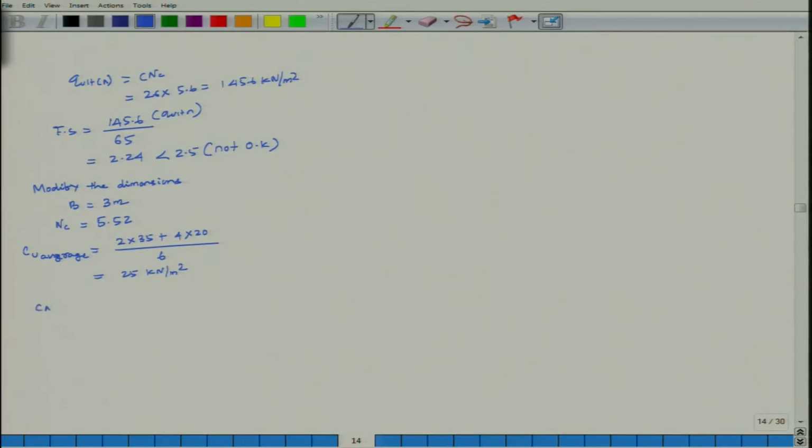Now, CNC is equal to 25 into 5.52, which is equal to 138 kilonewton per meter square.